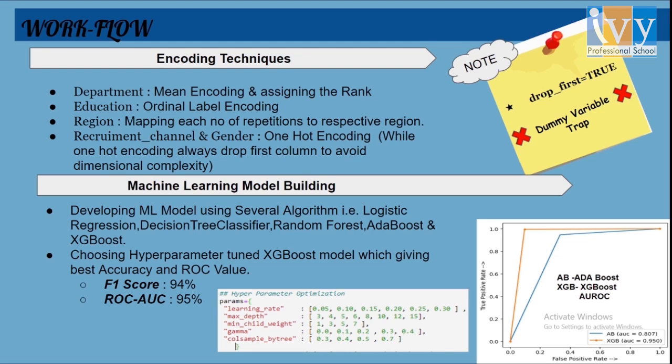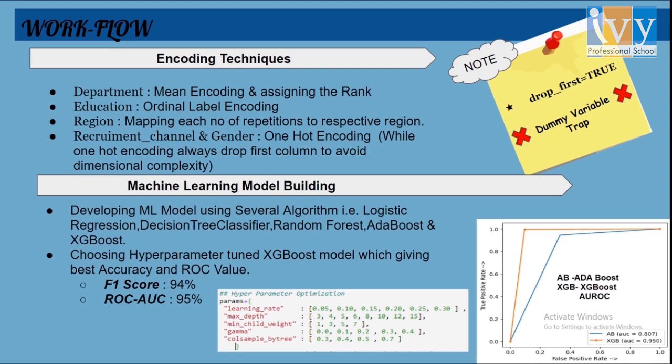Yes, then after hyperparameter tuning, I used grid search cross validation, and by doing that I got an F1 score of 94%. F1 score basically refers to the harmonic mean of precision and recall, right?